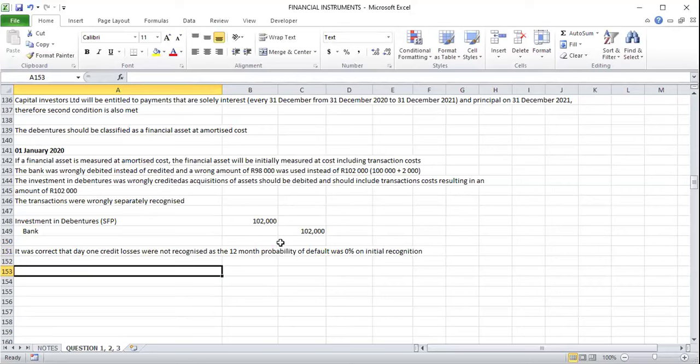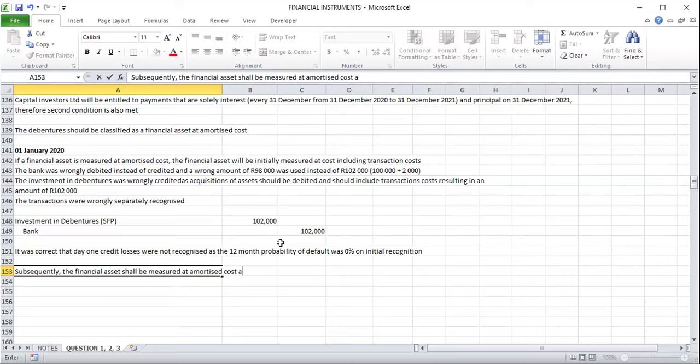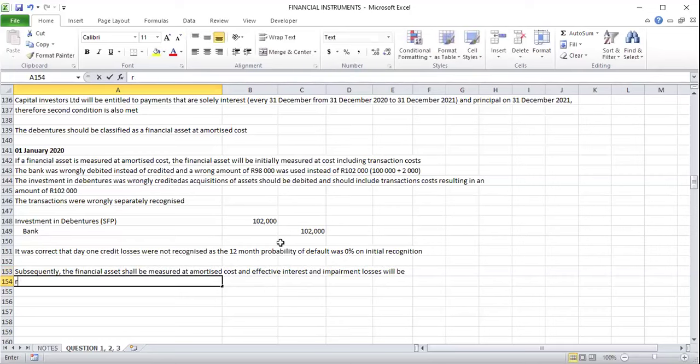Right. Then subsequently, the financial asset shall be measured at amortized cost, and effective interest and impairment losses will be recognized in profit or loss.